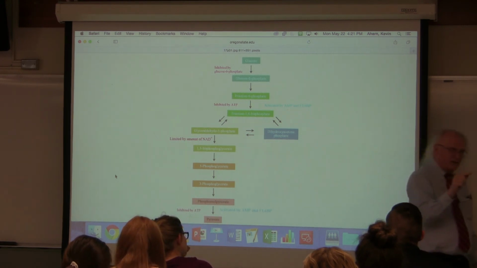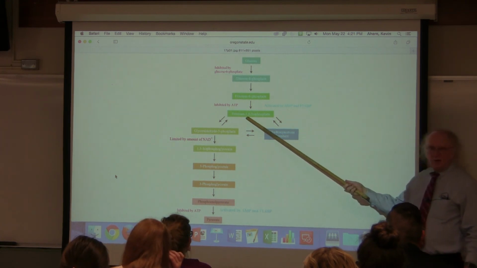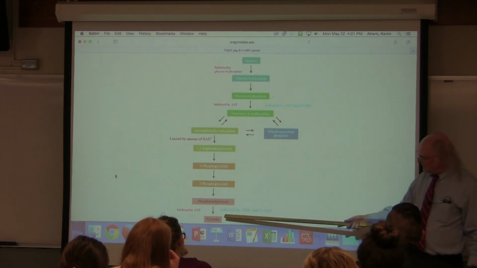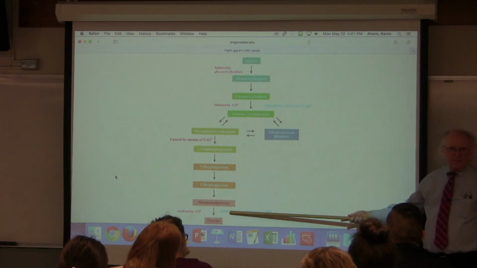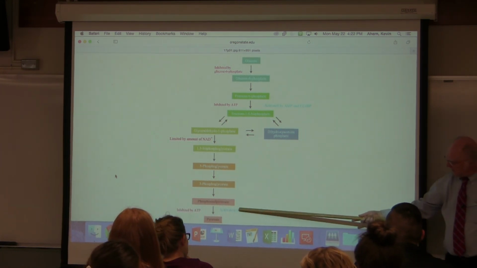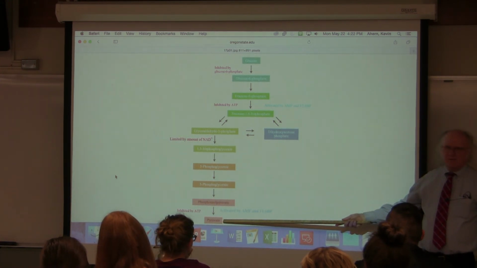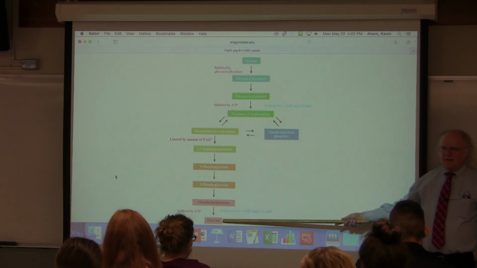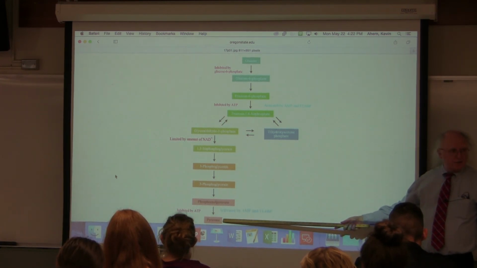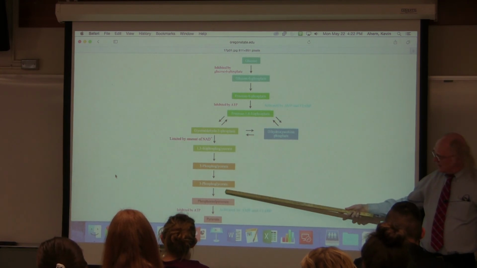However, there's another component to this. The other component is, as this concentration goes up, it starts affecting this enzyme down at the bottom. What does that do? Well, if I turn on this enzyme, what's going to happen to this reaction? It's going to go forwards, right? And it's a very energetic reaction, so it's going to go strongly forwards. What's that going to do to this reaction?